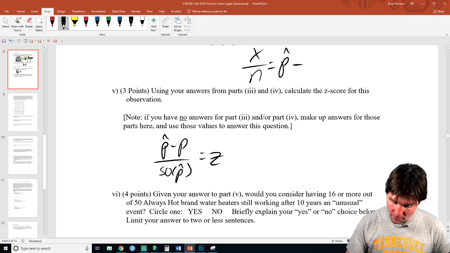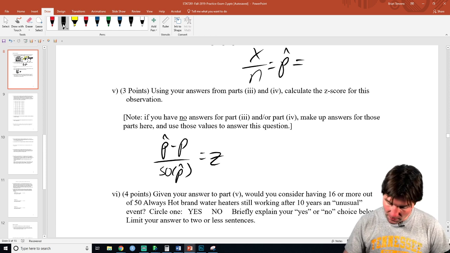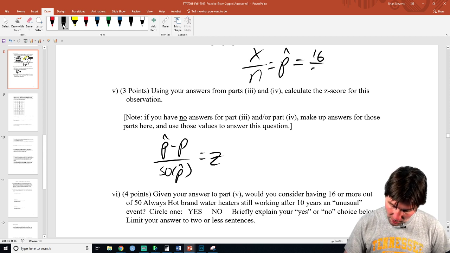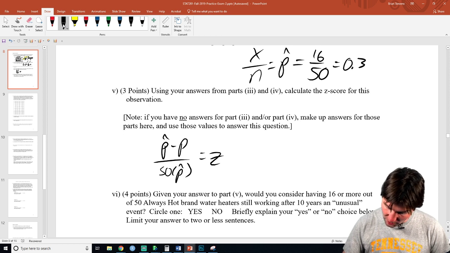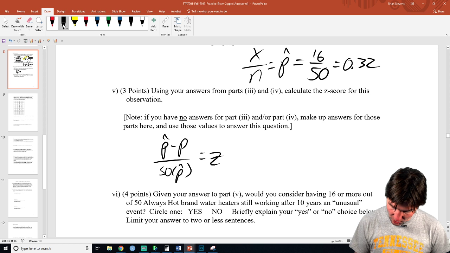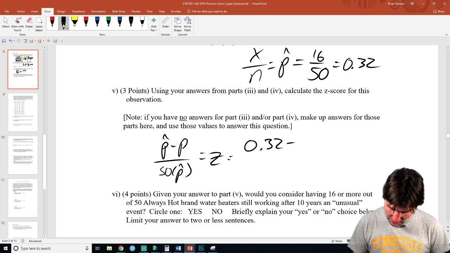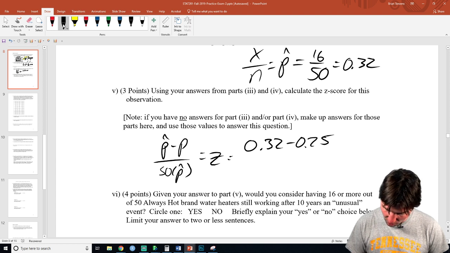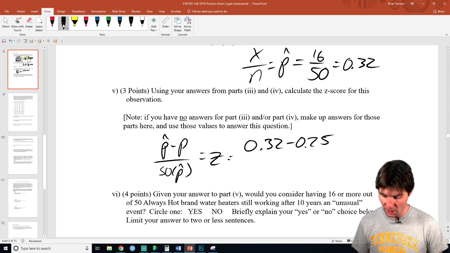Our p hat from above was 16 over 50, so 16 divided by 50 equals 0.32. So p hat is 0.32 minus 0.25. These are all just taken from when we put our notation on it.